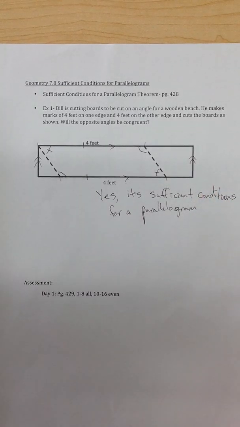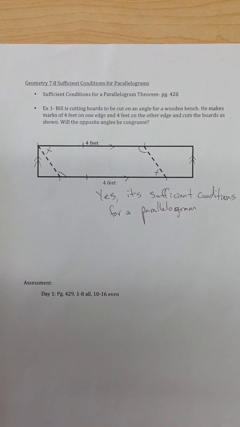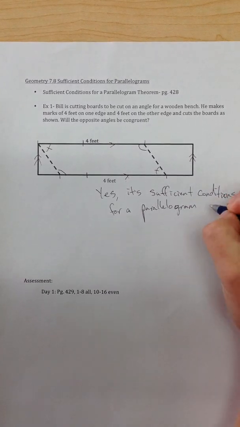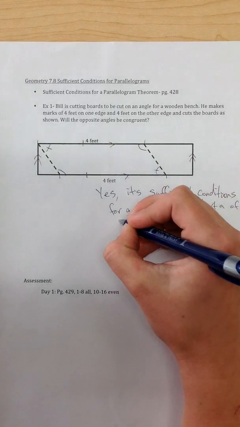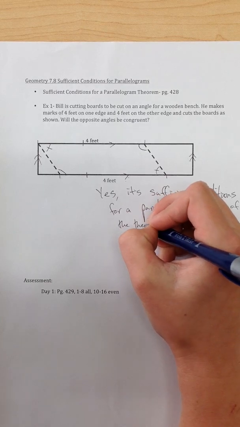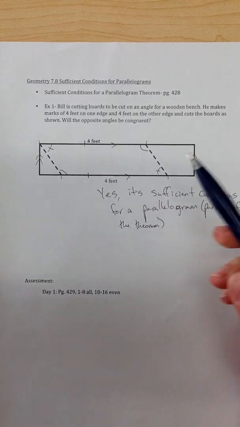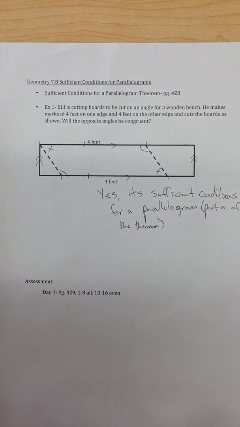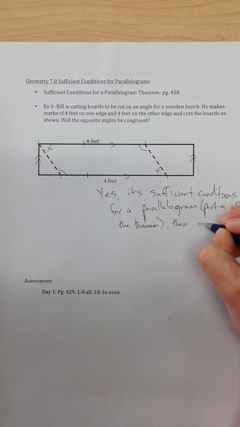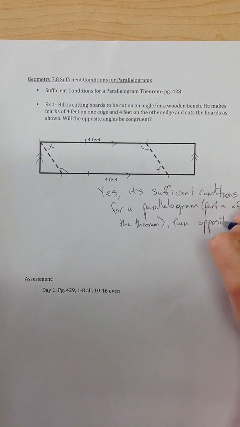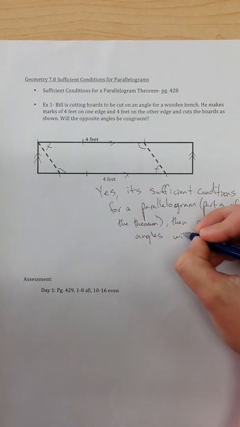It must be an O. So yeah, it's sufficient conditions for a parallelogram. And then if you wanted to, you could say part A of the theorem that we just did. If this is a parallelogram, then your opposite angles will be congruent.